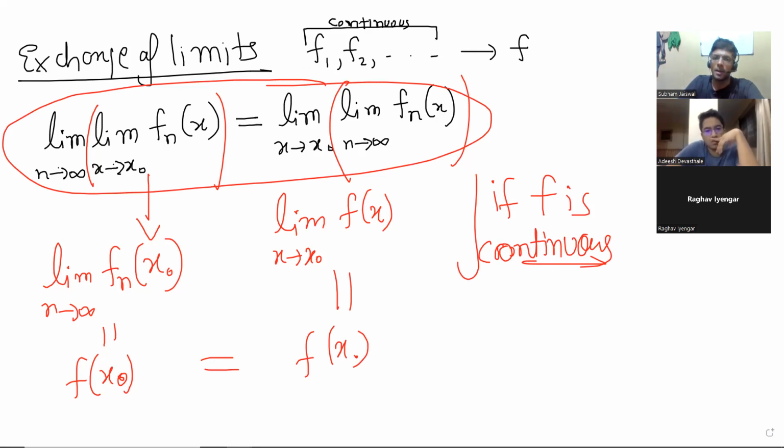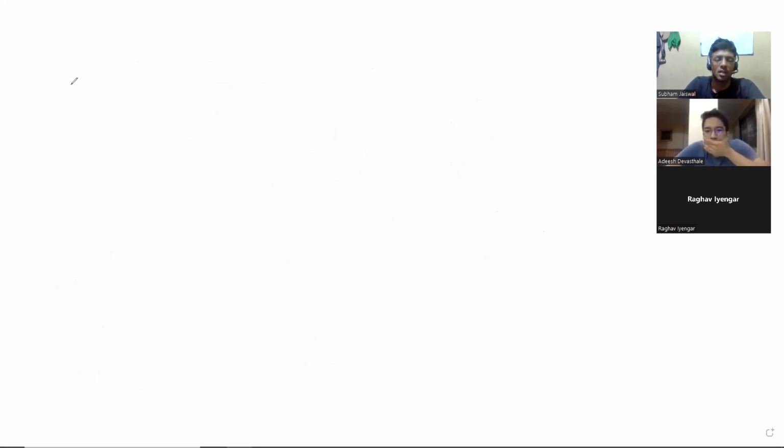So, a quick recap; we'll go a little fast here. Adish, what was the other thing we did? We say that uniform convergence implies that the function to which the sequence of functions converges is continuous.